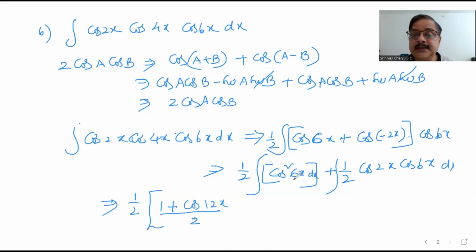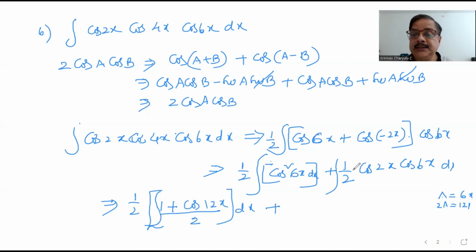Integral symbol, cos square 6x, how will you write? Cos 2a formula I told you, 2 cos squared a minus 1. There, 1 plus cos 2a by 2. Here a is 6x for you. Angle A given here is 6x, so 2a will become 12x. So 1 plus cos 12x by 2.